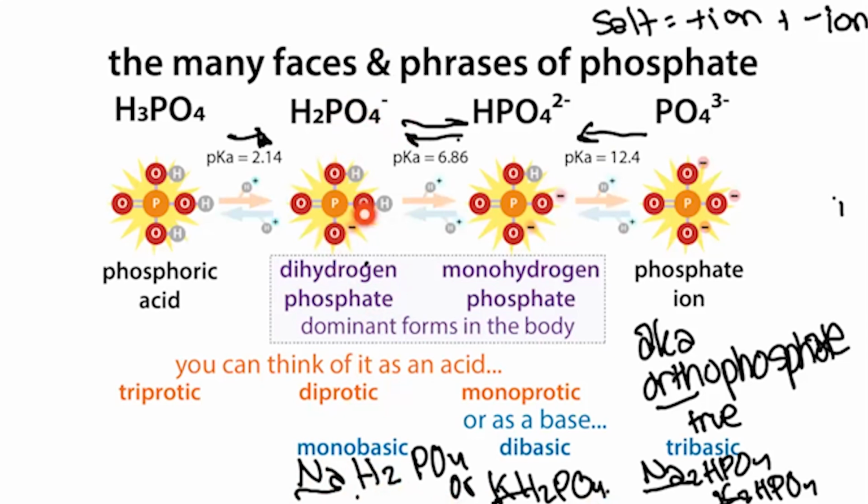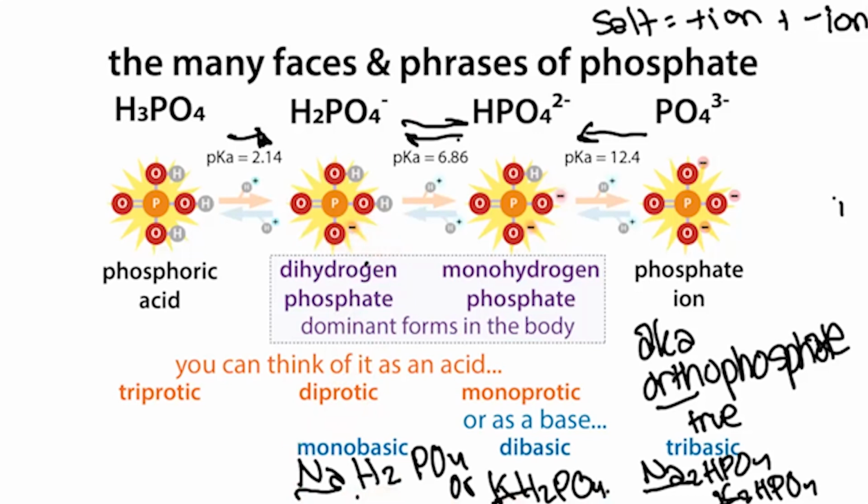But here we're going to be focusing on its use as an acid. So it's diprotic, and you can think about those protons like that one spot that's available to protonate this monobasic spot. Basically, a placeholder is going to be this cation, this sodium or this potassium.